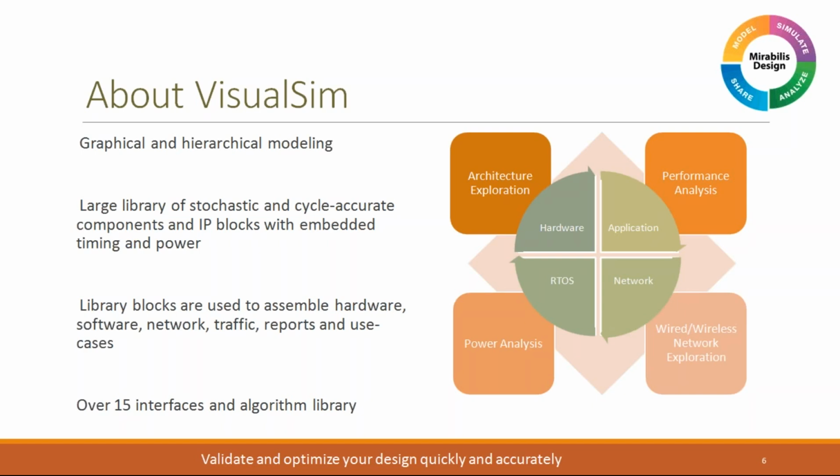And these libraries are used to assemble your hardware architectures, network or traffic, or the workloads and use cases and things like that as well. And if you have any modules defined in C, C++, MATLAB, or Simulink, you can bring those models right into VisualSim, and you can start using those immediately as well.